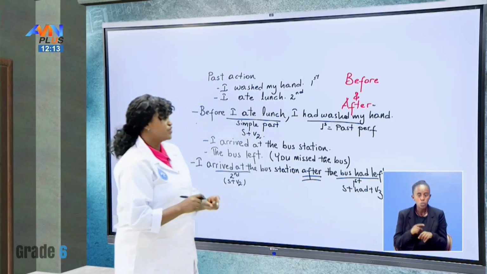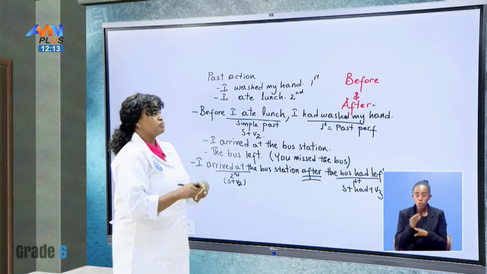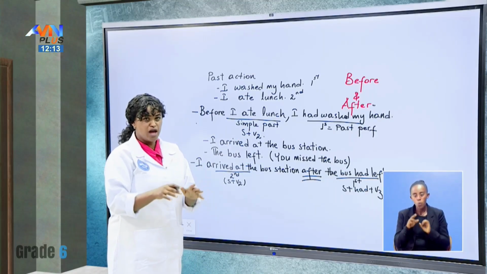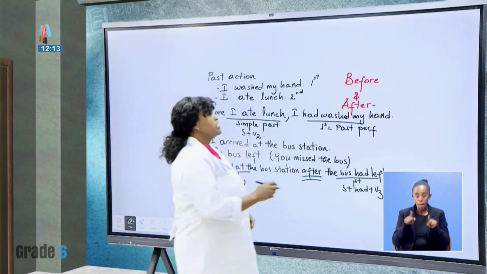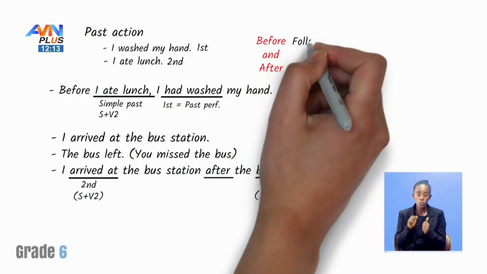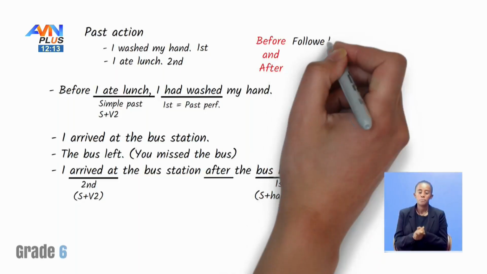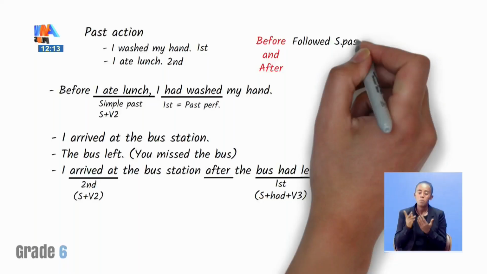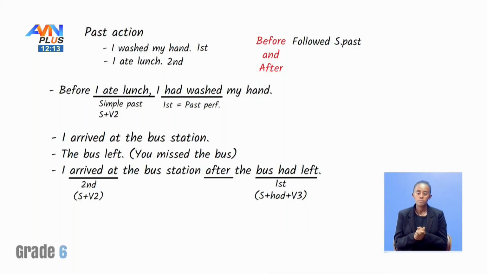When you are using before and after with past perfect, since you are comparing or showing the time of happening, before is followed by what? Before, then simple past.